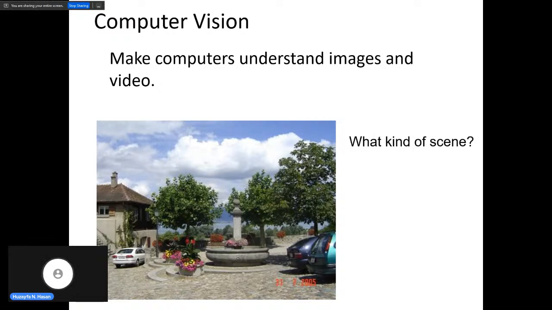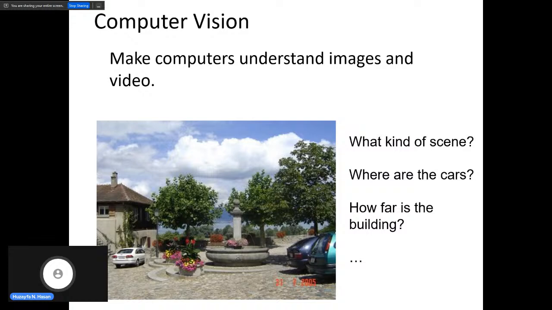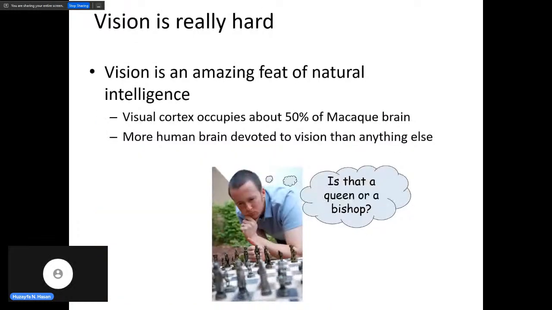For example, what kind of scene: environmental, technological, outside, indoor, is there any car, what's included in the image, and how far the building is, how far the cars are, how far the floors are. So computer vision is really hard, because if we look at the human body, 50% of our brain is visual cortex, which is the part that takes responsibility for our visuals and the things we see.